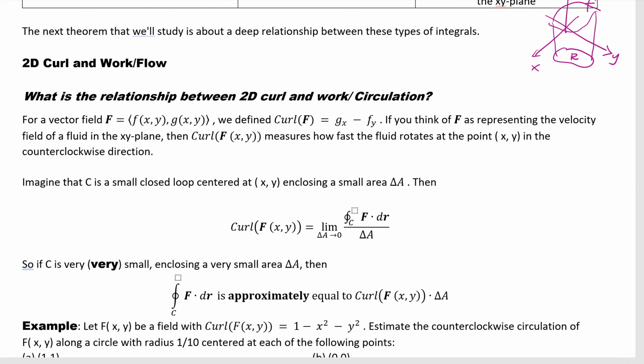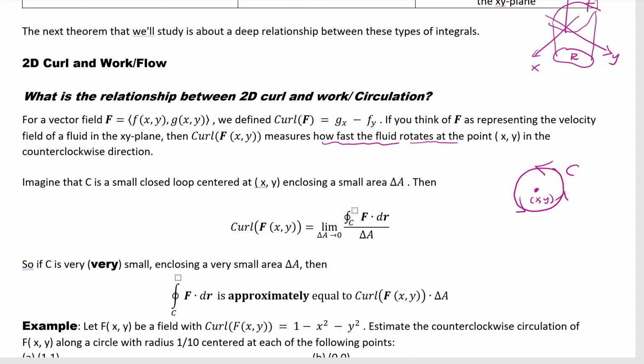For a vector field F, we define the curl to be gx minus fy. If we think of F as representing the velocity field of a fluid in the xy plane, then the curl measures how fast the fluid rotates at the points in the counterclockwise direction. Imagine C is a small closed loop centered at the point xy.